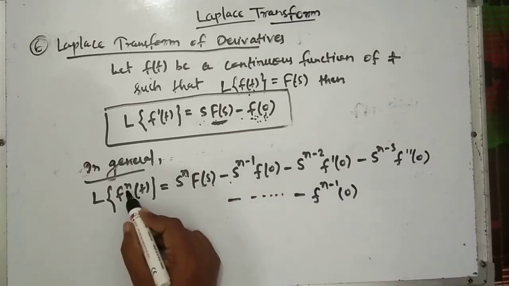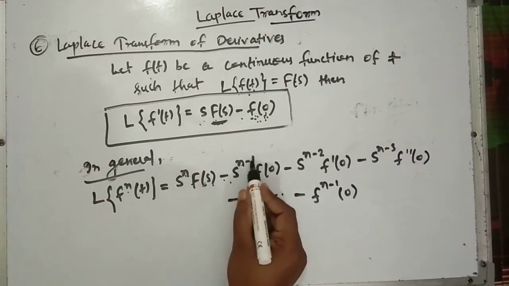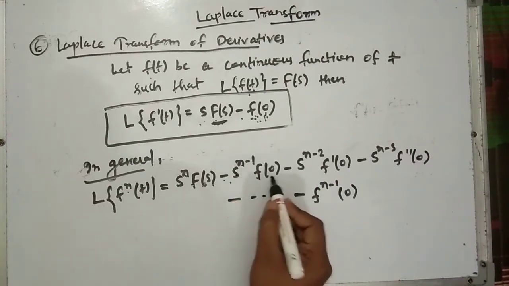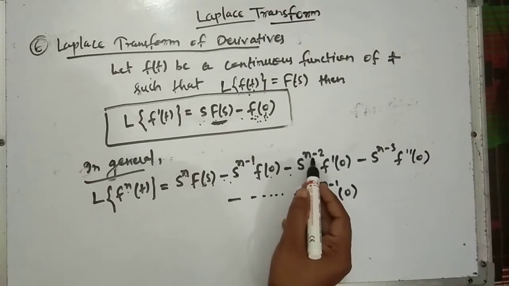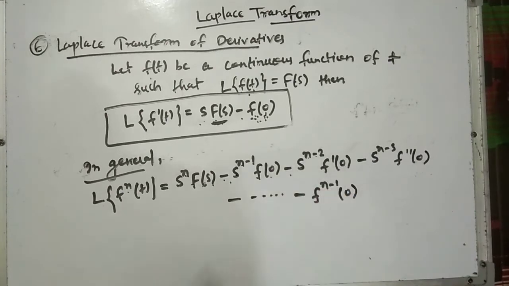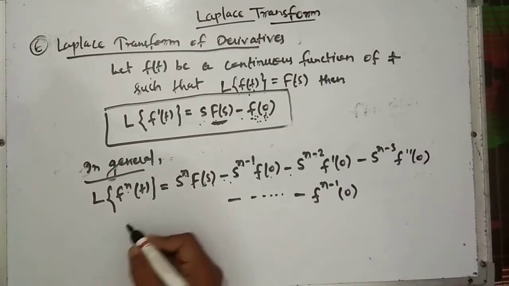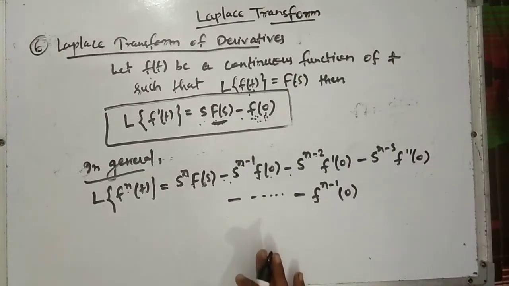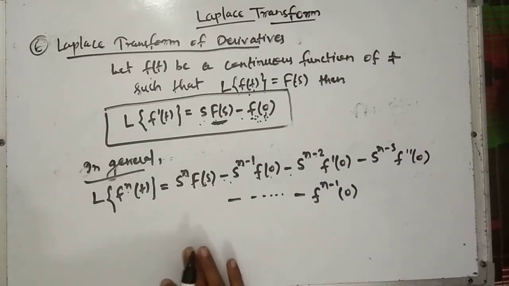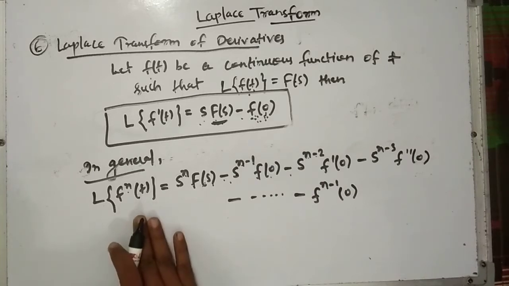If you put n equal to 2, the double derivative, then s square F(s) minus s f(0) minus, here 2 minus 2 is 0, so s to the power 0 is equal to 1, so you will get f dash 0. So this is the general form of the Laplace transform of the derivative of f(t).